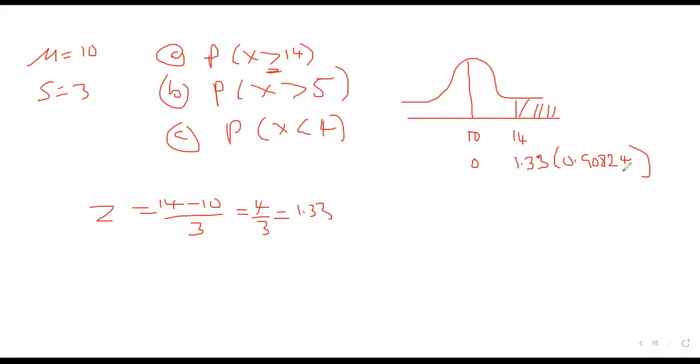Good. So the probability of X greater than 14 is 1 minus 0.90824, which gives us 0.09176. Excellent. Next, part B.